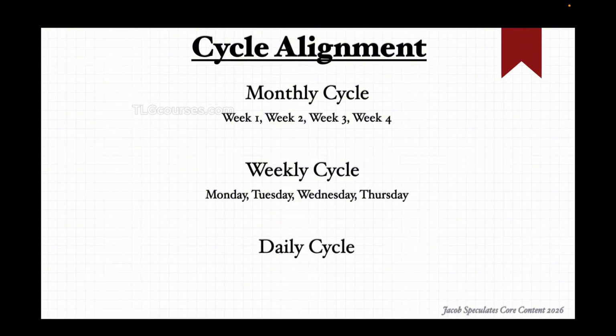And then you have the daily cycle, which is Asia session, London session, the New York primary session, and the New York afternoon session. So the daily cycle deals with the sessions of the day. Each session makes up a quarter, and remember, a day is a whole, so that's why we call it the daily cycle, and so on and so forth for all of the other cycles.